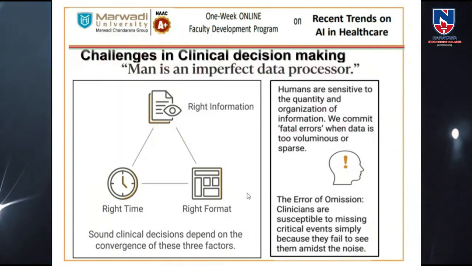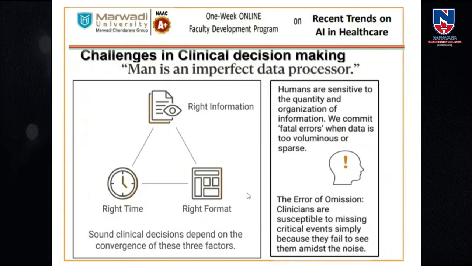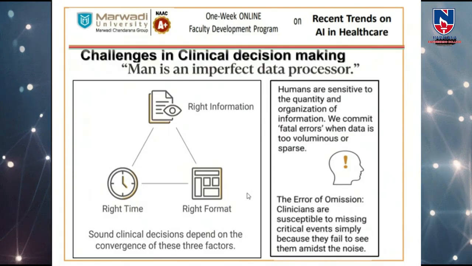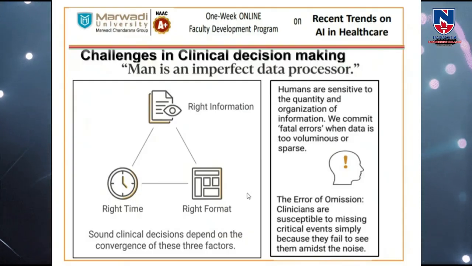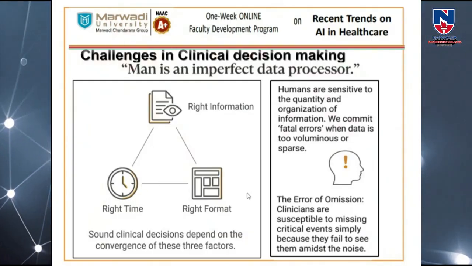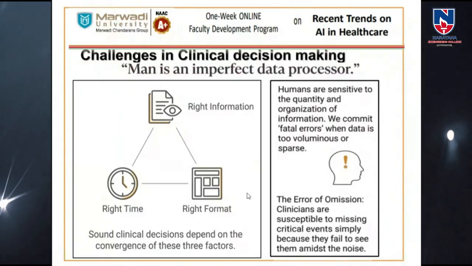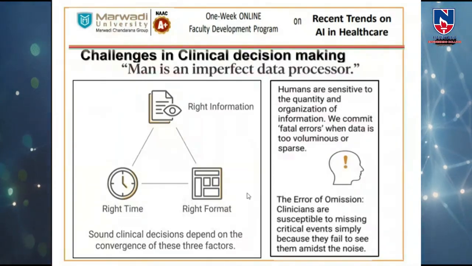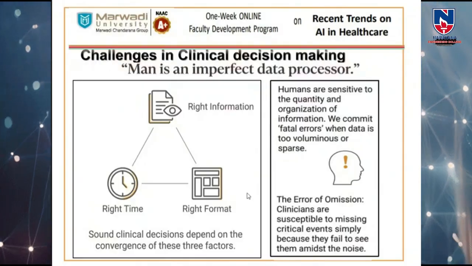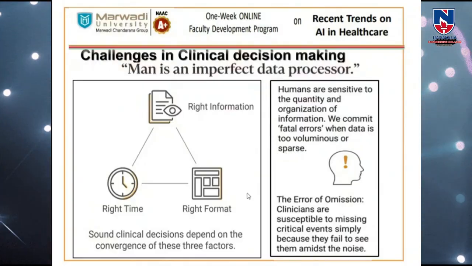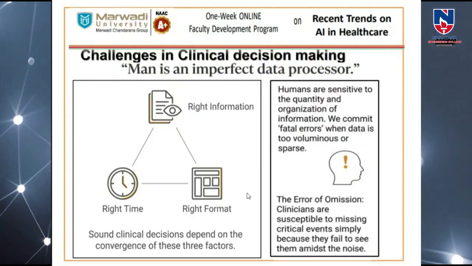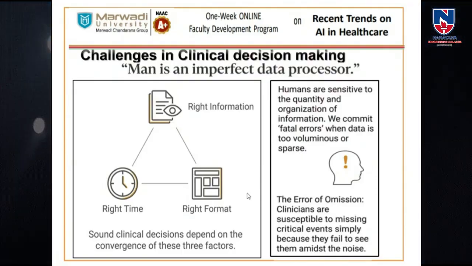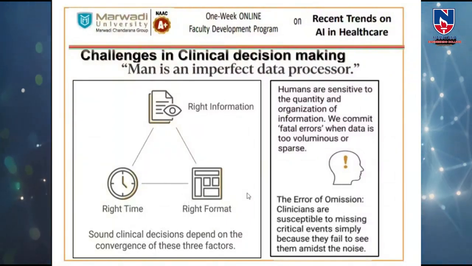There are human limitations, as I mentioned, like fatigue, age factors, and work stress. There are a lot of things that may lead to data not being processed properly, even though the data, the MR scan, CT scan, machinery data, is available. This data is good, but you are unable to interpret it properly because he is a human being.